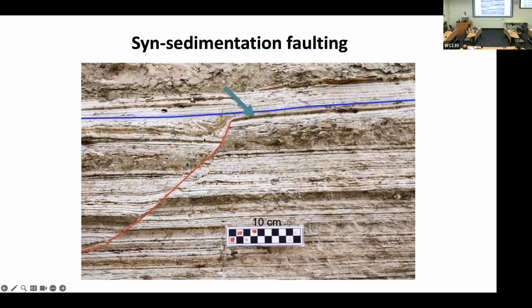This unit is displaced down over here. We can see this dark brown over here. But further up, there's no displacement. So we can see that in the area over here, there was a drop of the left unit. And there is accumulation of breccia over here. So this faulting event happened during the sedimentation.